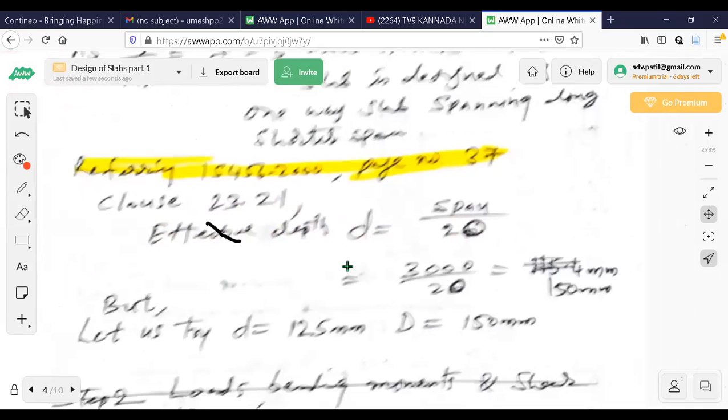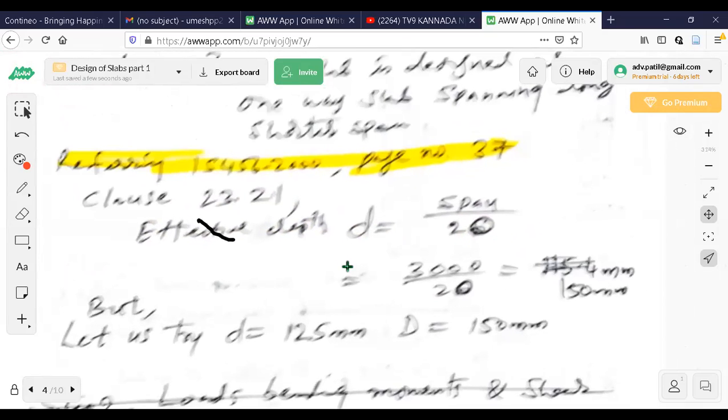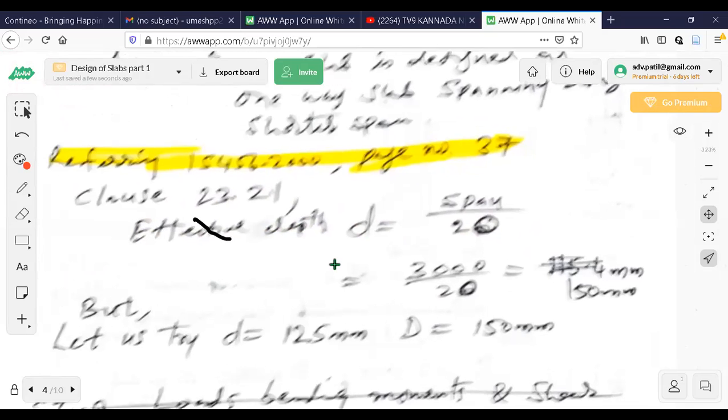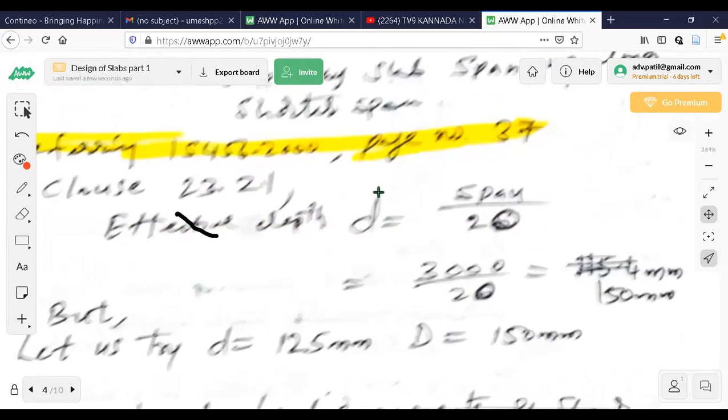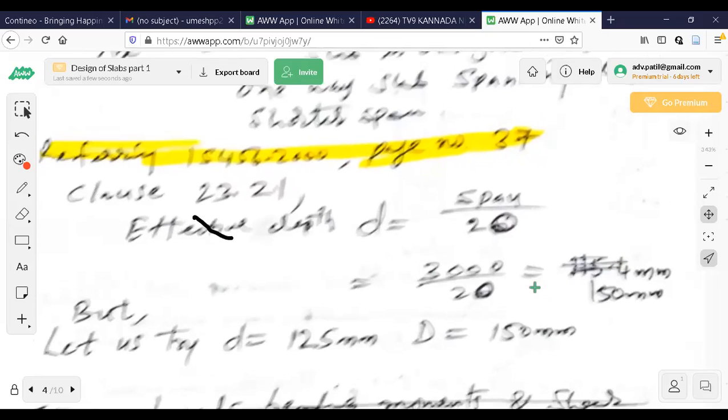Now start with a trial depth. An empirical formula is there. A lot of different expressions are used in different books to start with a trial depth. So what I have done here is, instead of going for complicated equations, I started with span by 20.